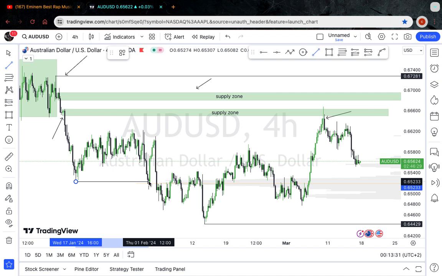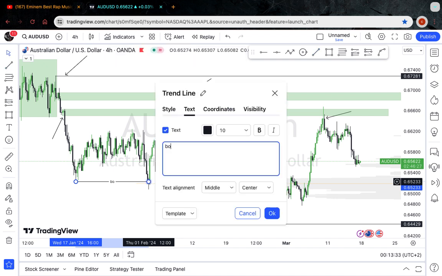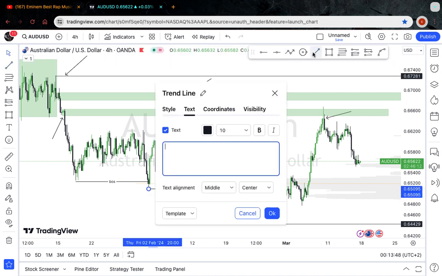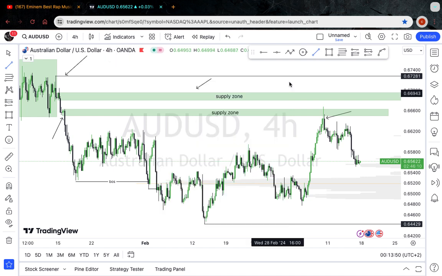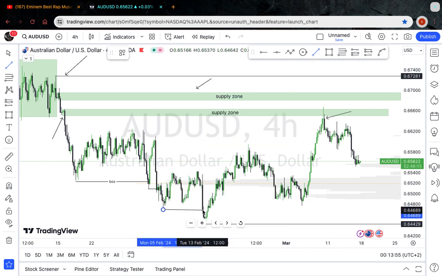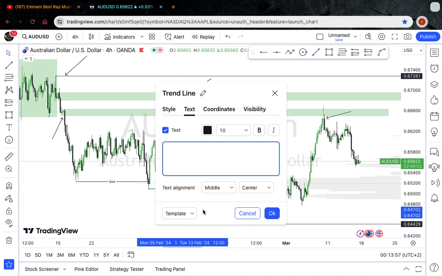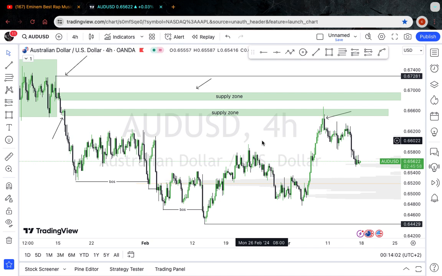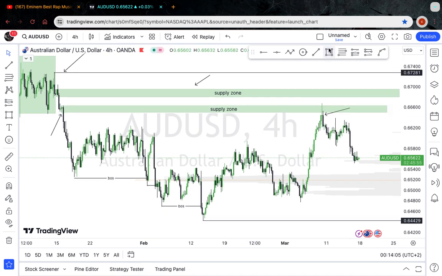It's an indication that was showing us that the market is pushing to the downside, because it was breaking structures to the downside. We need to mark these breaks of structure.